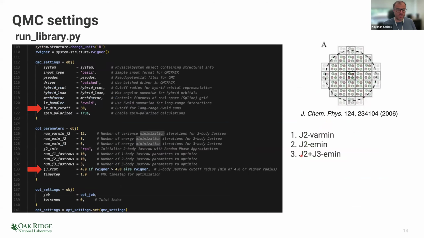So going into further details in terms of how we choose some of the QMC settings. Specifically for the two-dimensional calculations, I think this might have been raised a number of times if you had a chance to see the QMCPACK forums or some of the issues raised on GitHub. What is the right way to choose the LR-DIM cutoff for two-dimensional systems? This is a parameter that is used to calculate the long range part of the Ewald sum interaction.